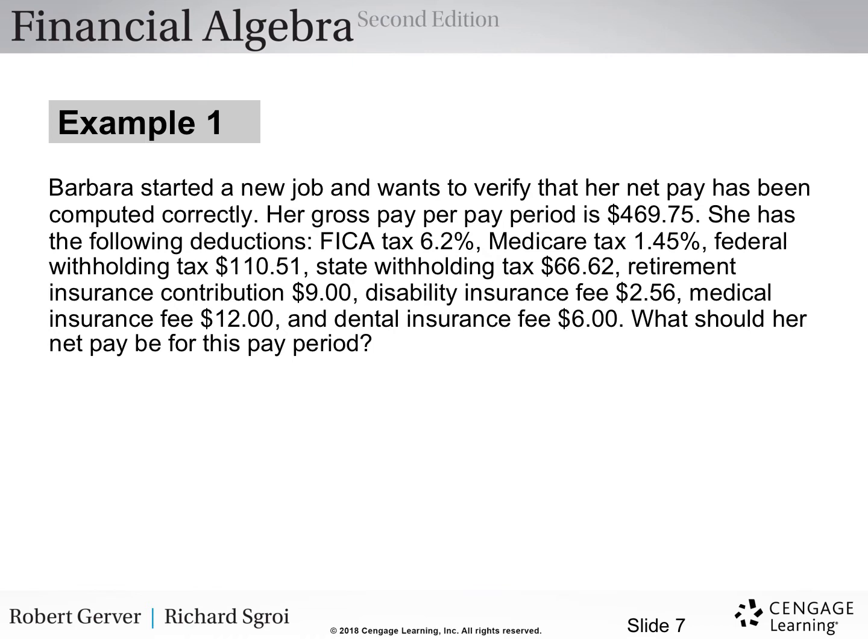Federal withholding tax, $110.51. State withholding tax, $66.62. Retirement insurance contribution, $9. Disability insurance fee, $2.56. Medical insurance fee, $12. And dental insurance fee, $6. What should be her net pay for this pay period?